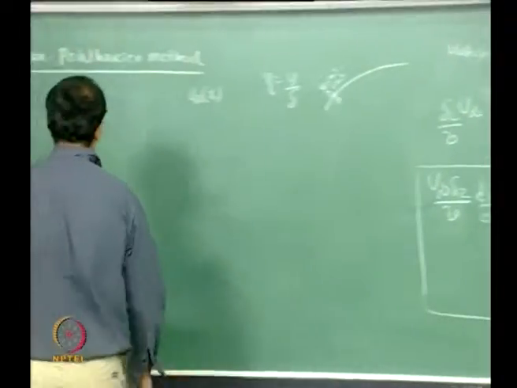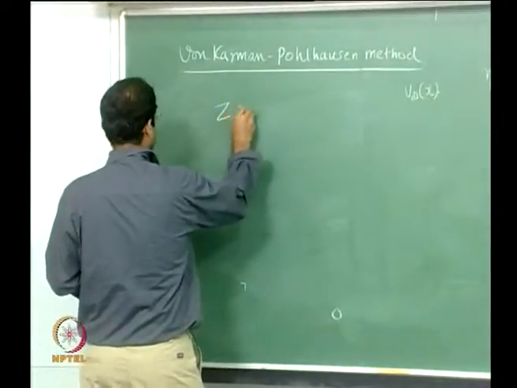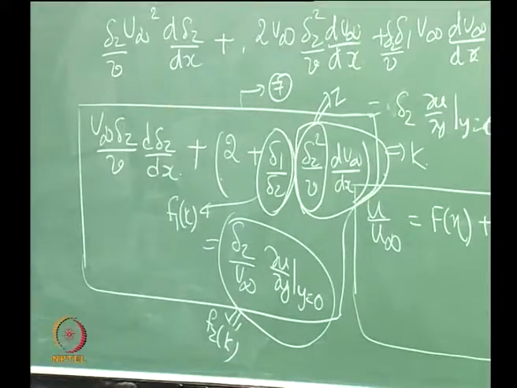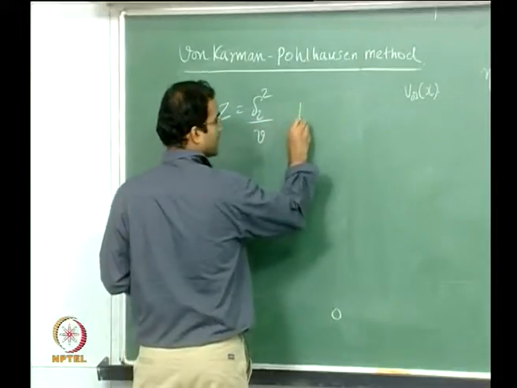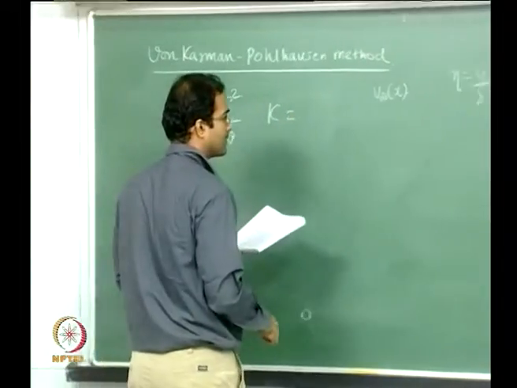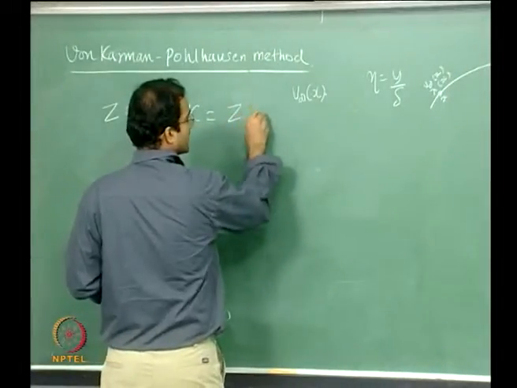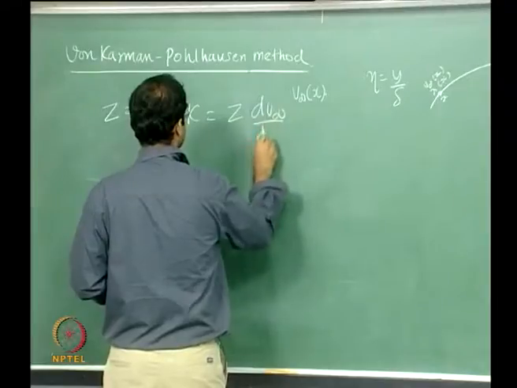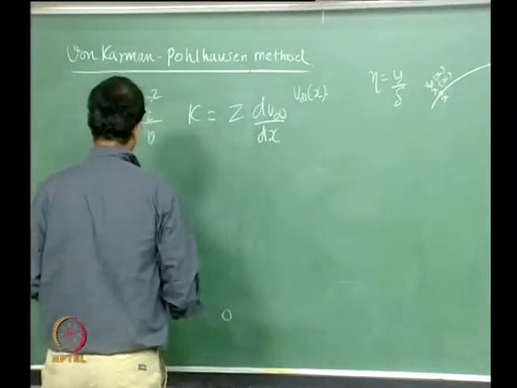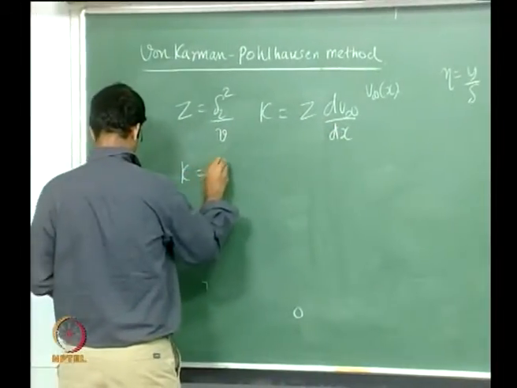So therefore my z is equal to delta 2 square by nu, and my k is nothing but z into du infinity by dx.